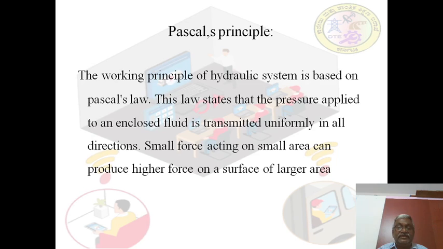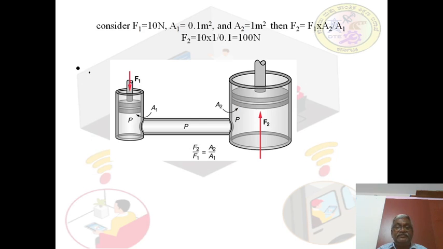It can be illustrated by an example given here. Consider two cylinders interconnected by a tube. The small cylinder has area A1, let it be 0.1 meter square.